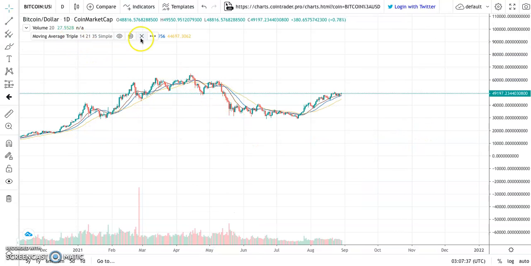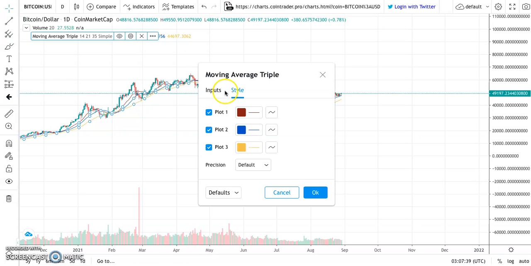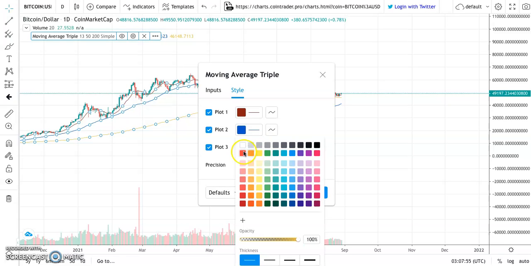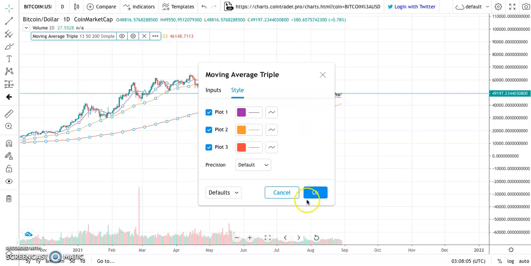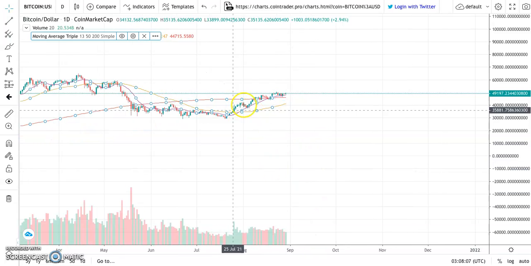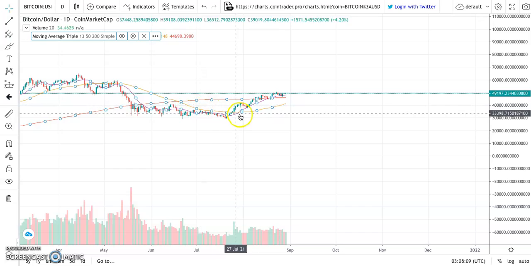Then we go here on settings, and I would recommend going for 13 days, 50 days, and 200 days, especially when you look at the long picture and not the short picture. Then you go for the style, and I always like to make my 200 red, my 50 orange, and my 13 purple. Then I click on OK.